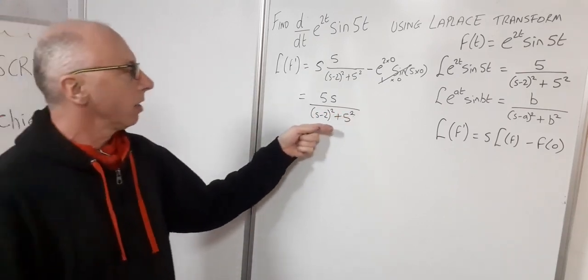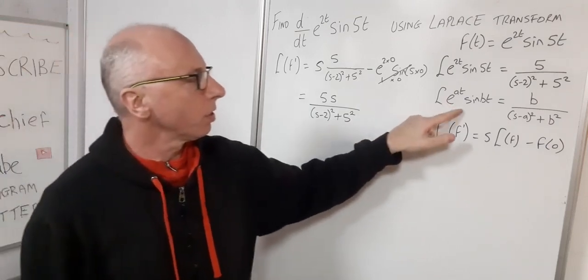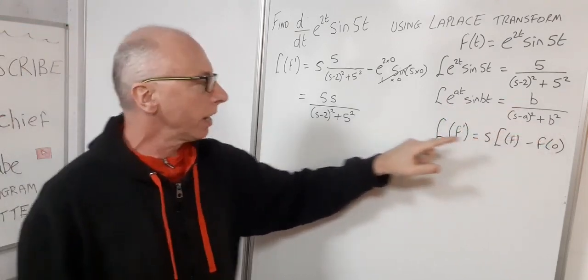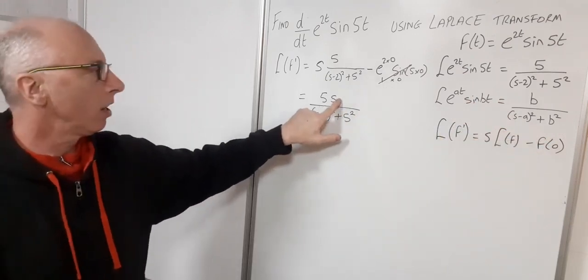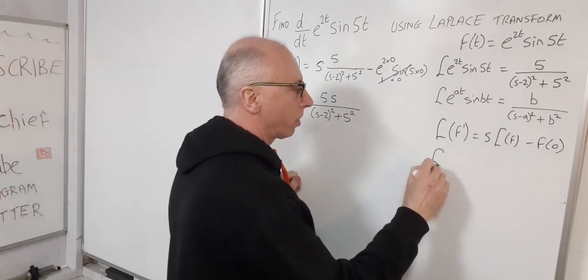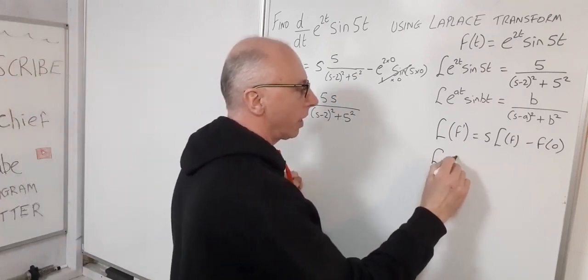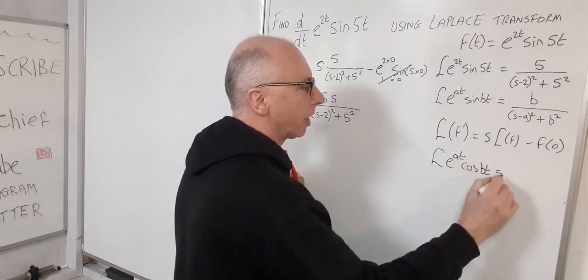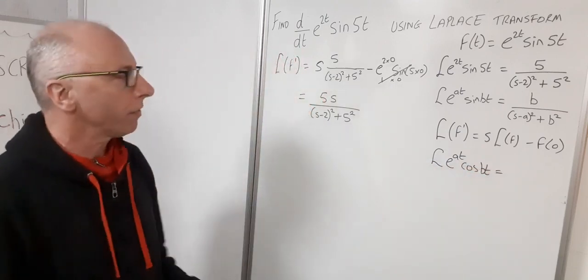So now here we've got something different to our generic result, b over s minus a squared plus b squared. We've got an s in our numerator. So this leads on to the next generic result that we're going to need to use. The Laplace of e to the at cosine of bt will give us a slightly different result.